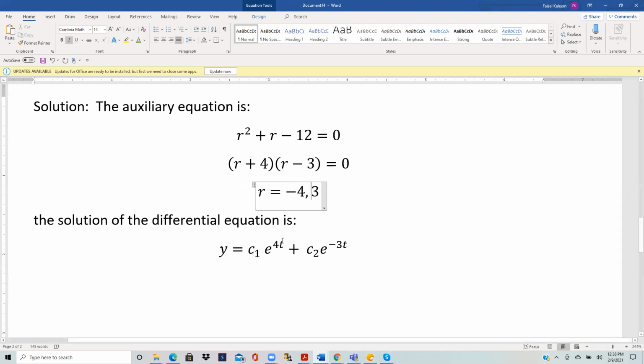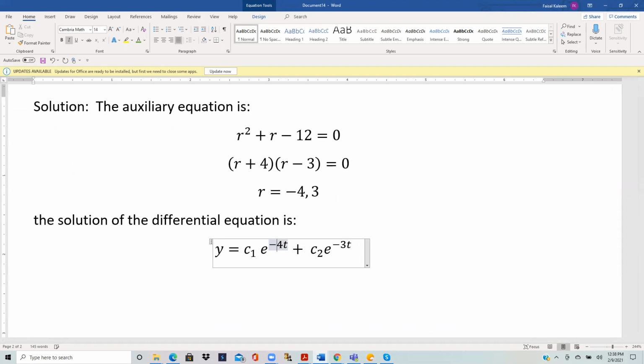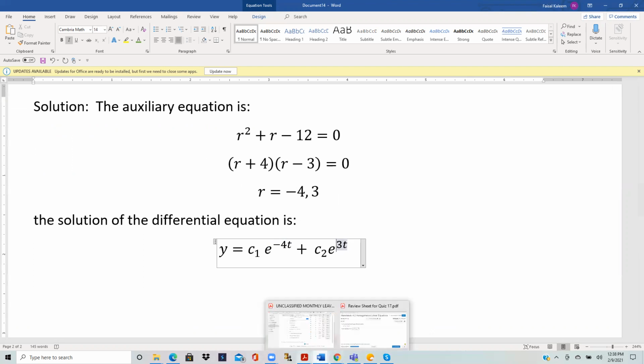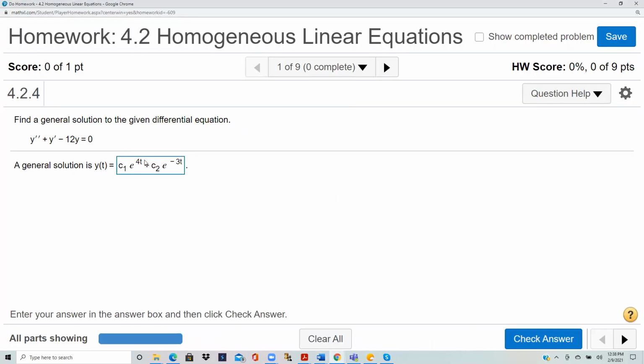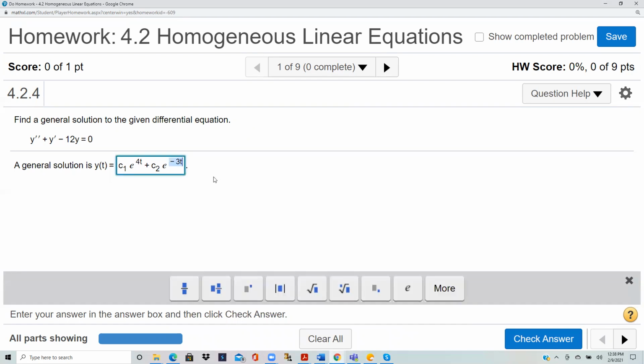So the roots are negative 4 and positive 3.